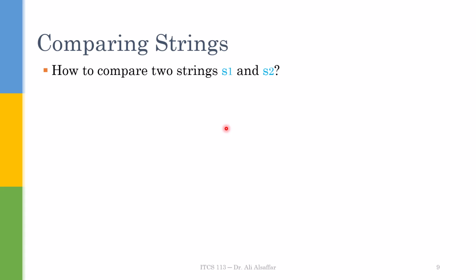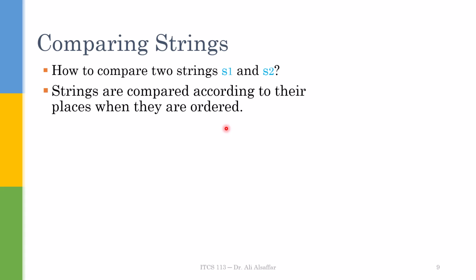Now on strings, how does it work? Strings are compared similar to numbers according to their places when they are ordered. If you look for a person's telephone number, you pick the directory, and usually the names of people or contacts are ordered in alphabetical order.